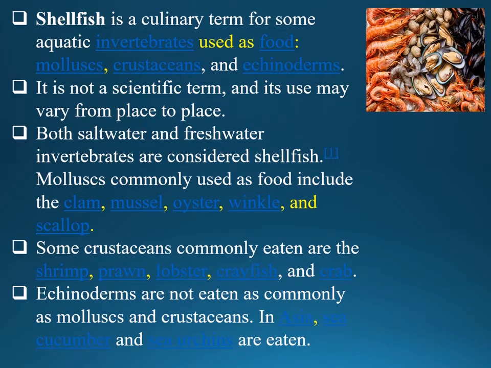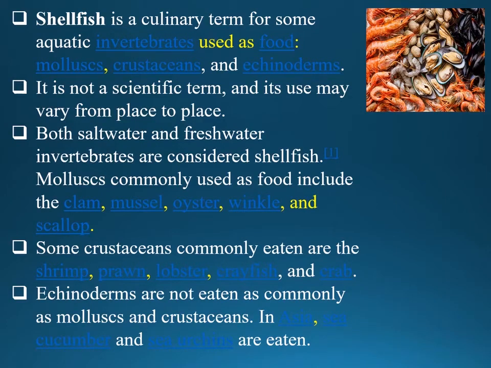Crayfish and crab. Read the text patiently, I tried to darken it but it didn't work. I repeat: shrimp, prawn, lobster, crayfish and crab. Echinoderms are not eaten as commonly as mollusks and crustaceans.